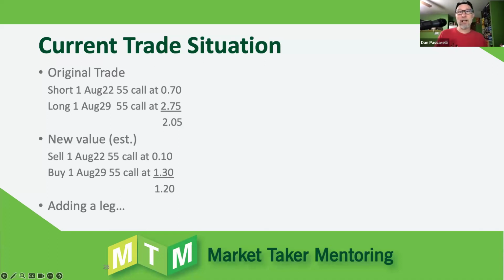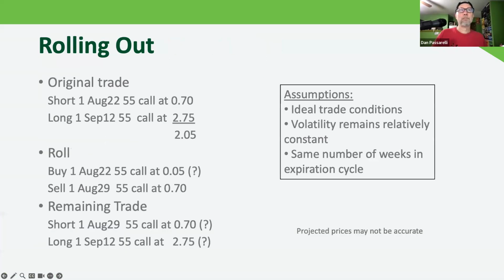Like say this was, wait, let's go back to that one version of this trade here. Let's just look at this top one. So let's say it's sold the August 22nd, bought the August 12th 55 call. Let's say it goes down to 51 and it's bouncing off support, but it's August 22nd already, and this sucker is going to expire.